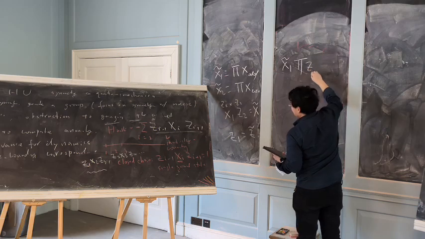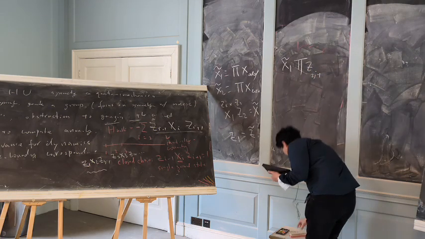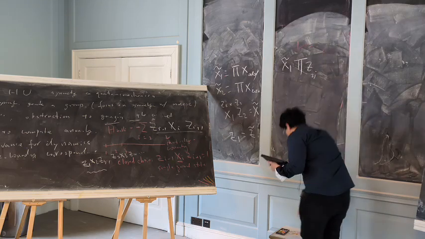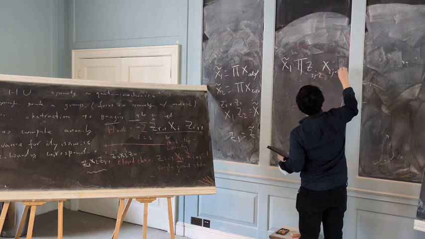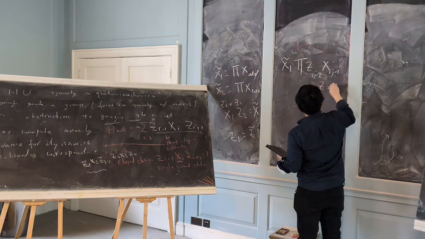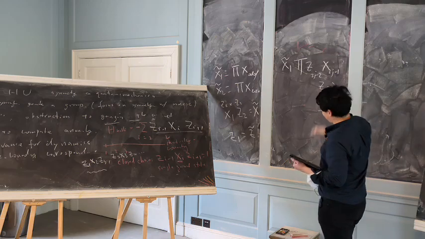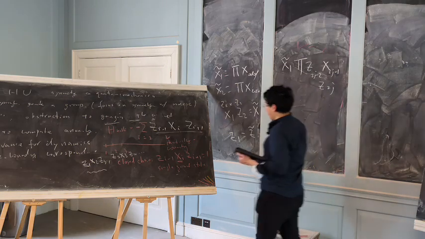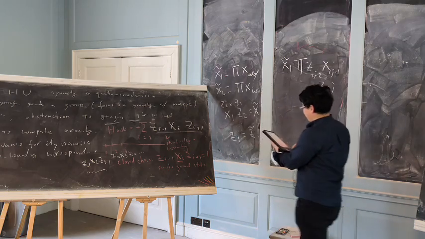So it will be Z_{2j-2} X_{2j-1} Z_{2j}. So those are the product of Hamiltonian terms on the odd sites, when the middle index is odd.